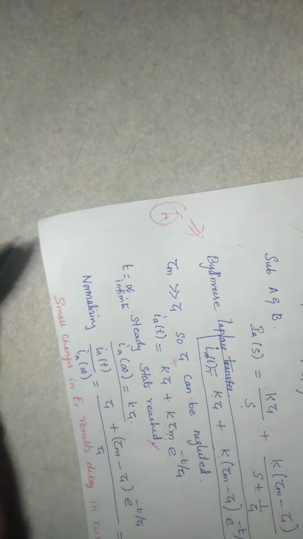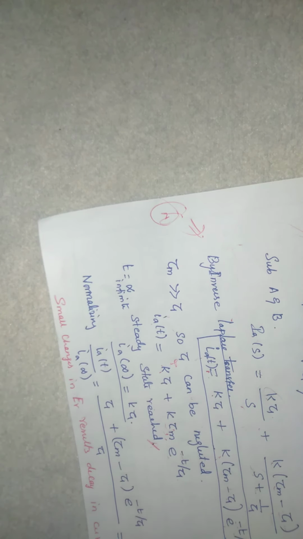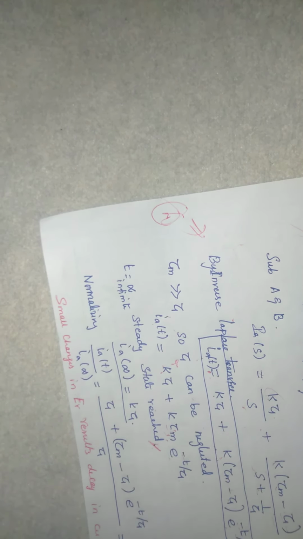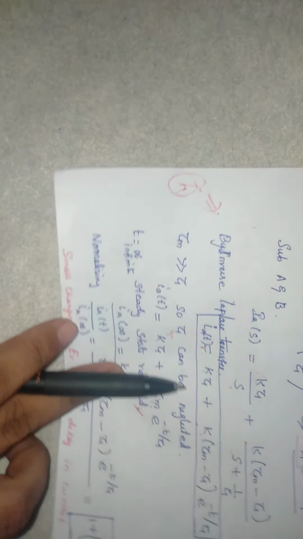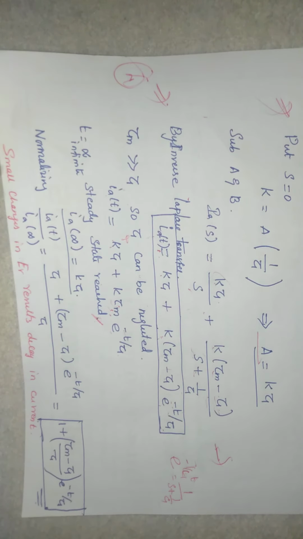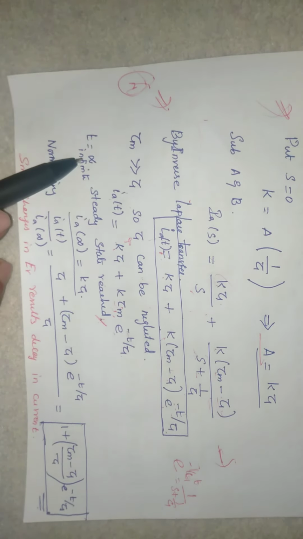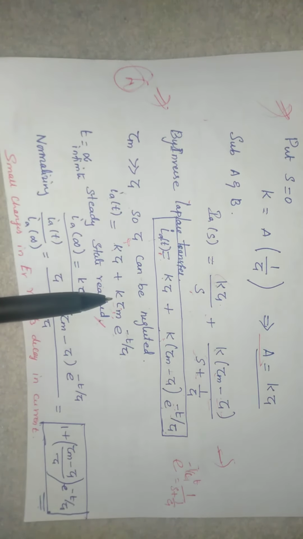If the machine is started at t equal to 0, we cannot find when the steady state is reached, because it depends on the load value applied. So we cannot identify that point, and we take it as infinity. At infinity, the steady state operation takes place.